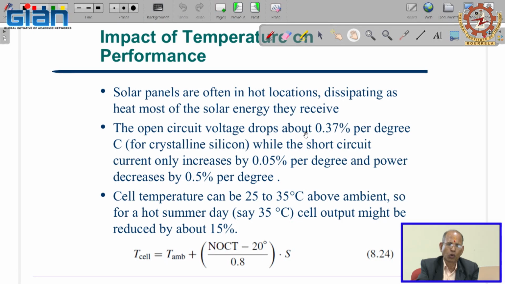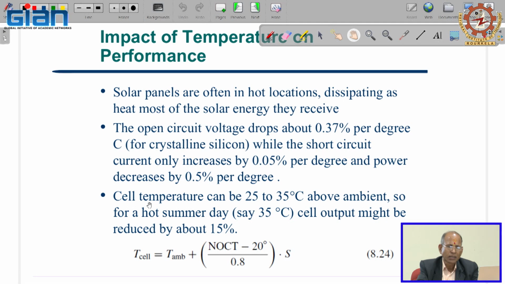The open circuit voltage will drop 0.37% per degree centigrade for crystalline silicon, while current increases by 0.05 per degree, and overall power decreases by 0.5% per degree. So these points for the crystalline are very important. You can note them down and please use them.